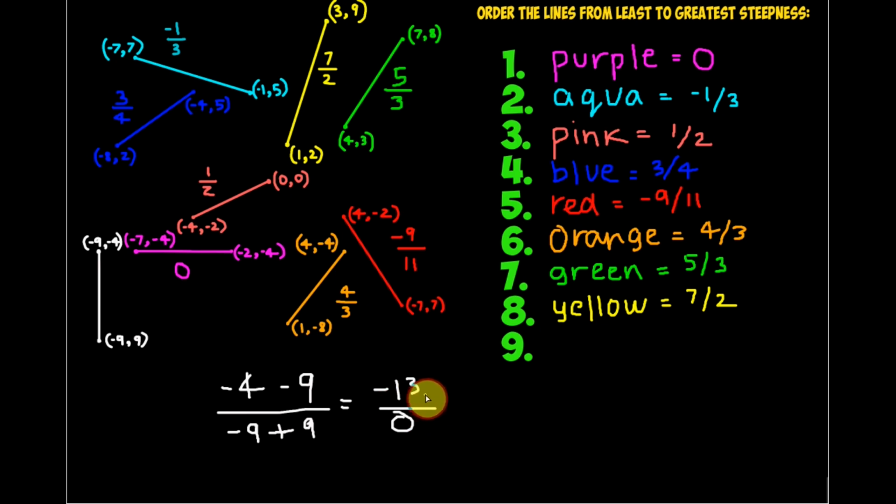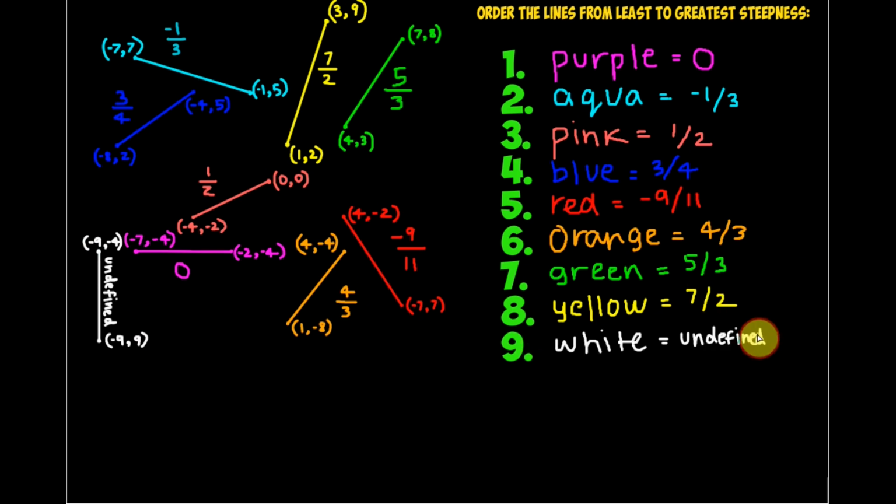So remember earlier when I said that if the 0 is on the top, it is a 0 slope, but if it's on the bottom, it becomes an undefined slope. So for the white, we're going to put undefined slope. And that is just a straight vertical line. And notice that when it's parallel to the y-axis, the x-coordinates are the same. And for our 0 slope, when it's parallel to the x-axis, our y-coordinates are the same.